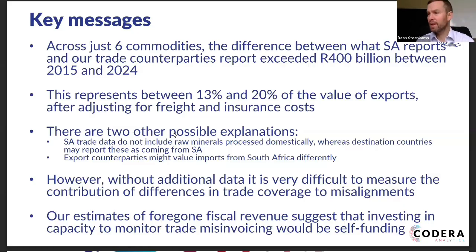But it's very difficult to do without the kind of detailed mirror data that you need to do that at transaction level. So we have tried to demonstrate that the scale of the implied misinvoicing is very large with the data that's publicly available.